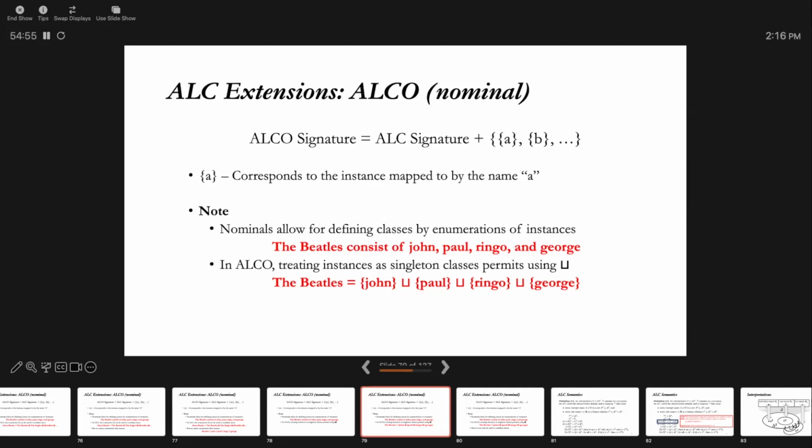If you open this up in Protege, you can actually write what I've got here, John or Paul or Ringo or George, as an equivalence axiom. Now, what's going on is that the logic is being interpreted just as I've described here. Those become sets of things that are unioned together, using an or as a reflection of the union. This is exactly what's happening, even though that's not how you would write it.